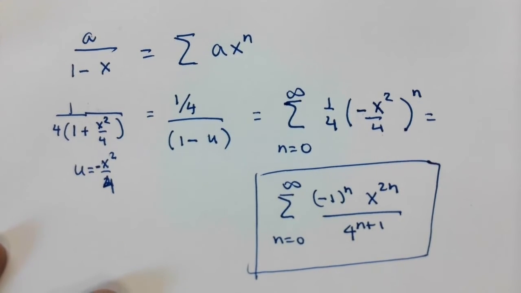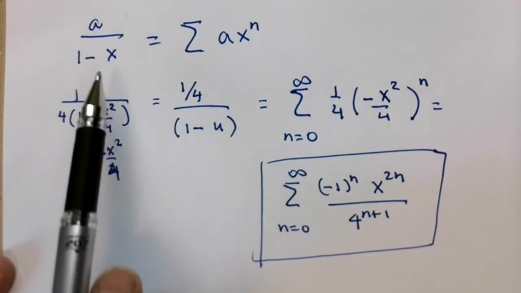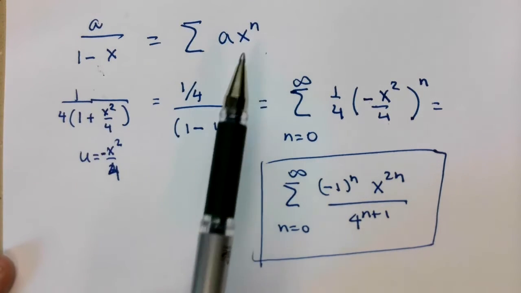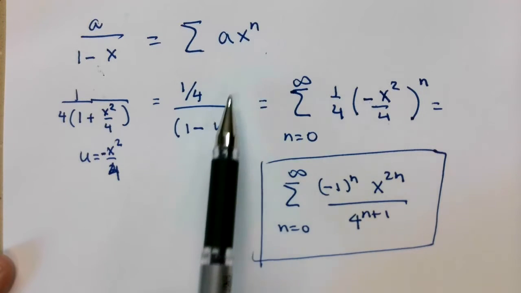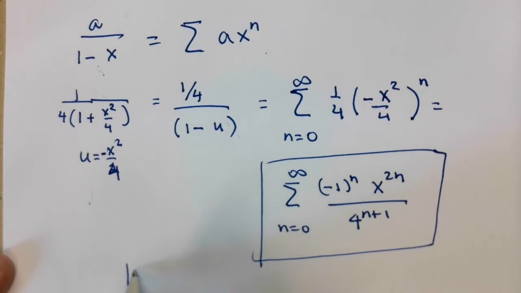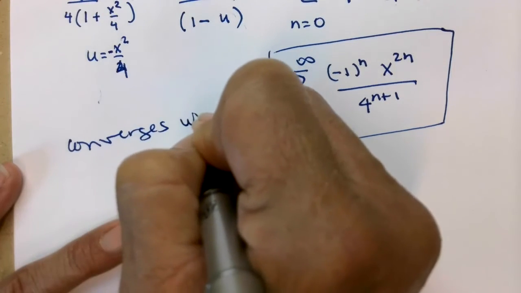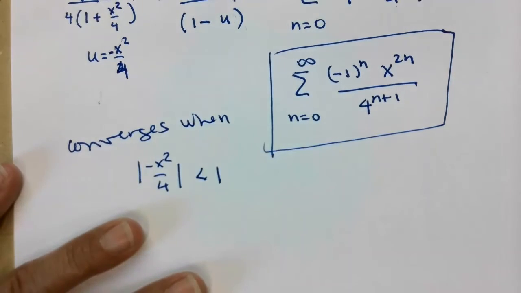Okay, and now how are we going to find the interval of convergence? I don't have to go all the way back. I don't have to do the ratio test, because I already know when my geometric series converges. It converges when x, now being played by u, which is negative x squared over 4, converges when the absolute value of that is less than 1.